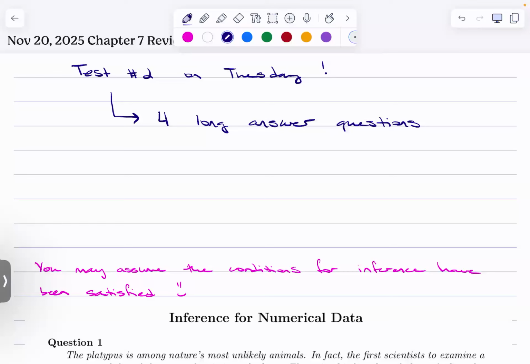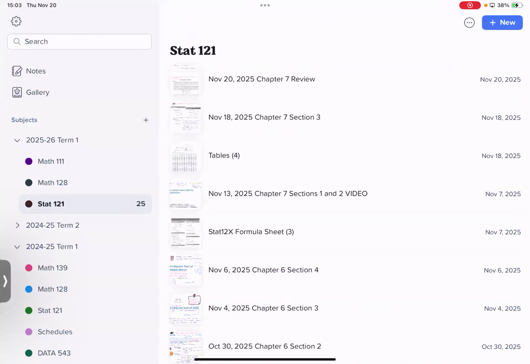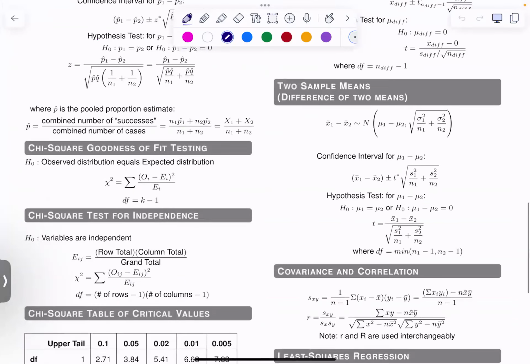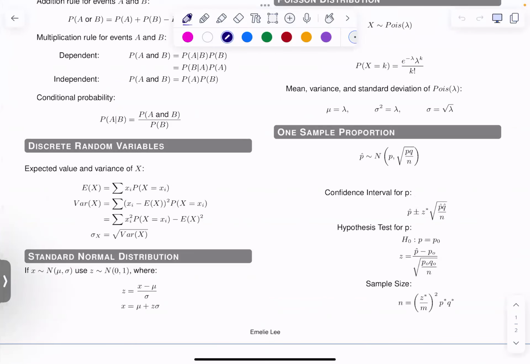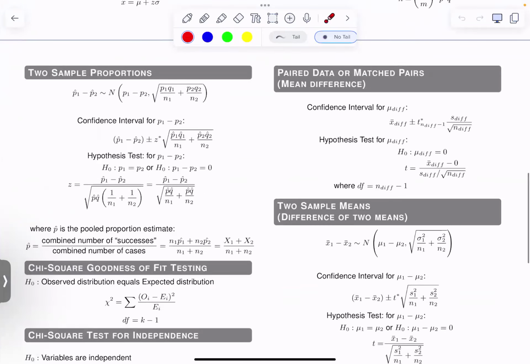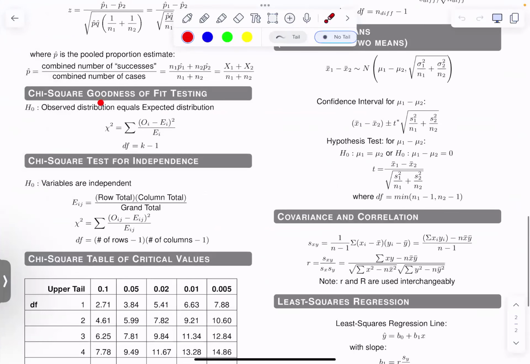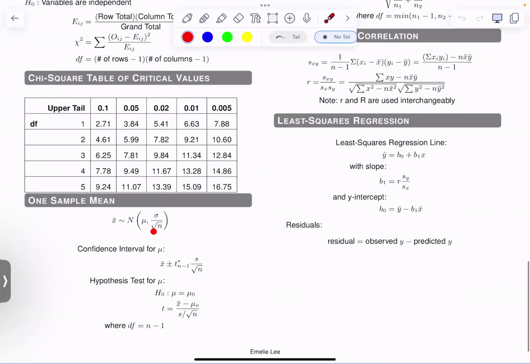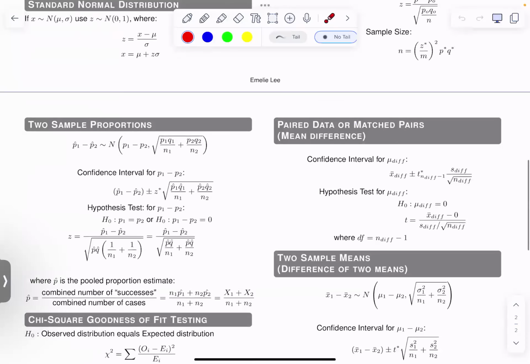Okay. 4 of those potential question types, right? And when I talk about the question types, really what I mean is which section on the formula sheet are you working in, right? 1 sample proportion, 2 sample proportions, chi-squared goodness of fit, chi-squared test of independence, 1 sample mean, paired data or matched pairs if you prefer, and then 2 sample means, right?